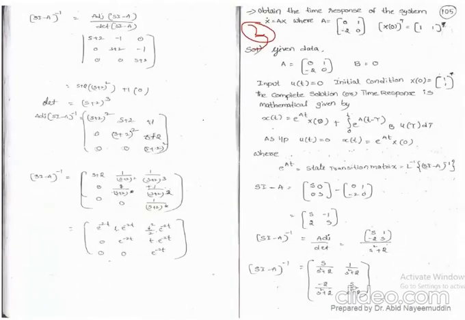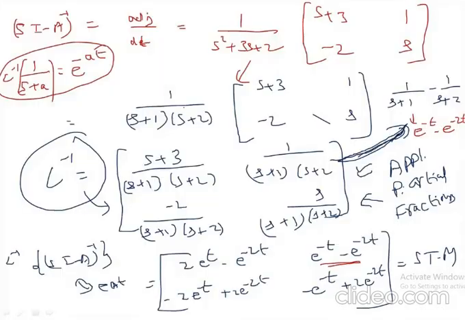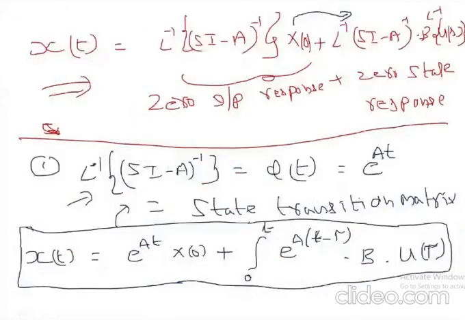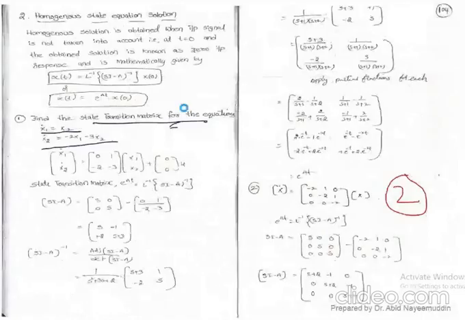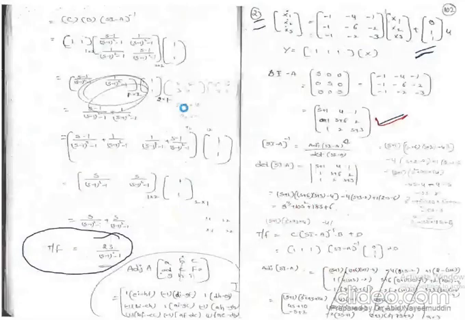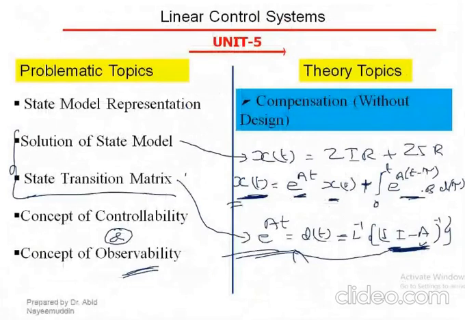Please try to solve at least one problem on the state transition matrix. So the overall conclusion of today's class is that today I concluded the state model representation in all three cases.